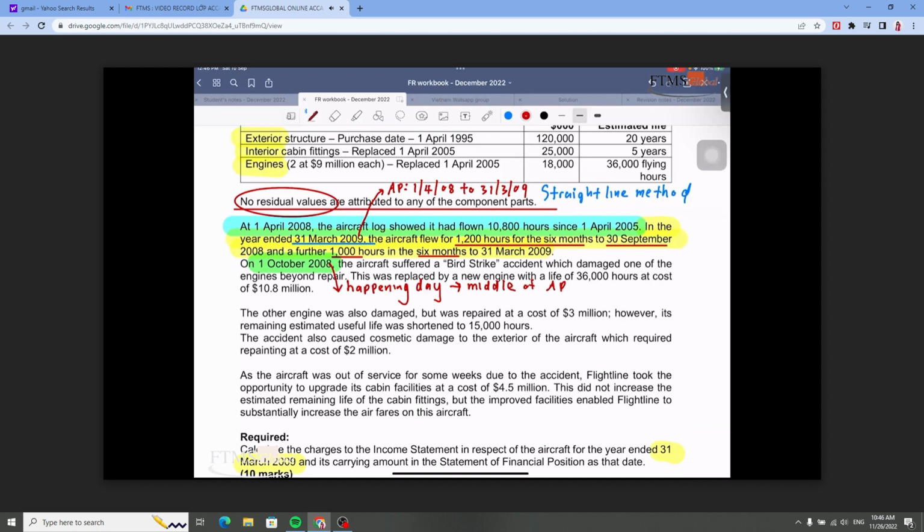Okay, so first thing, suffer a bird strike which damaged one of the engine beyond repair. So I think they are trying to tell you something here. Damage one of the engine beyond repair. So the keyword is this beyond repair. Okay. So in accounting wise, beyond repair means what? They ask you to do some calculation here.